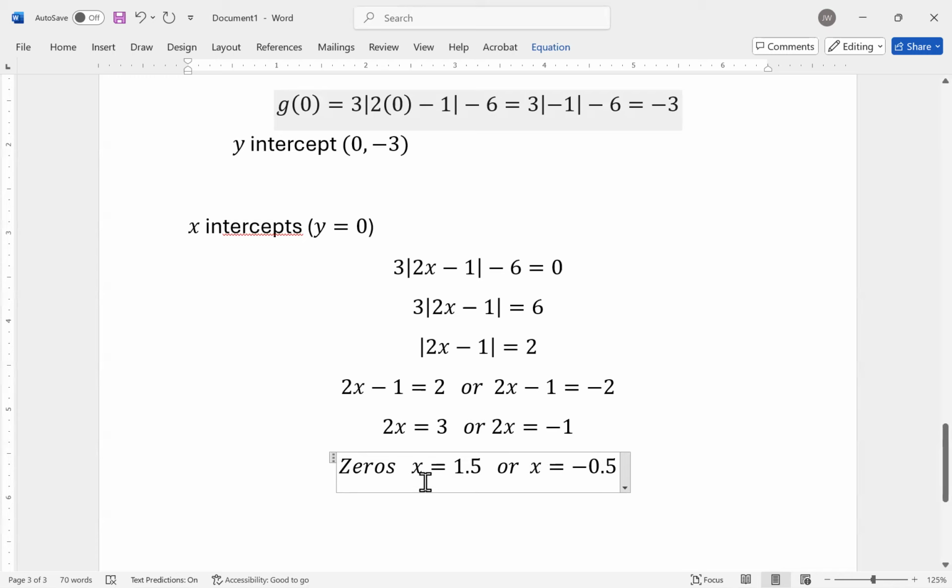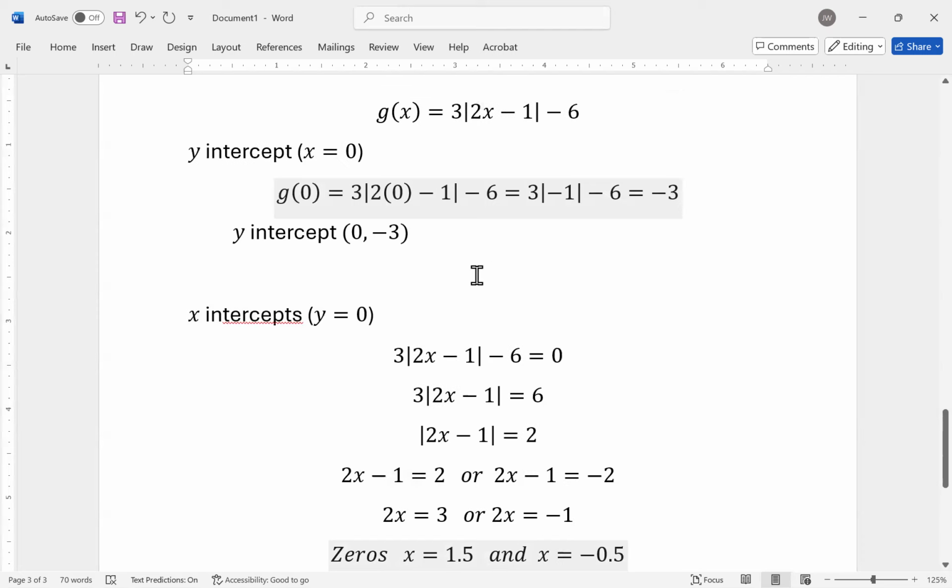Another way we can say it is that the zeros are x equals 1.5 and x equals -0.5. I'm not picky on the language. I just want you to know that there's two of them. They both give out a 0 when you plug them in for your input value in g of x.